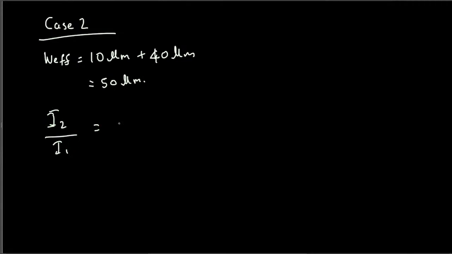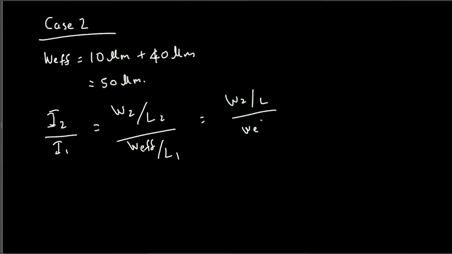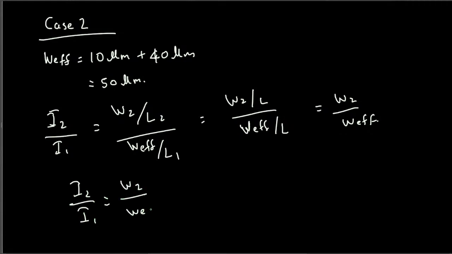So I2 divided by I1 should be equal to W2 over L2 divided by W efficient over L1, and the lengths are equal, so L cancels, and we end up getting W2 over W efficient. Let's plug in all the values.